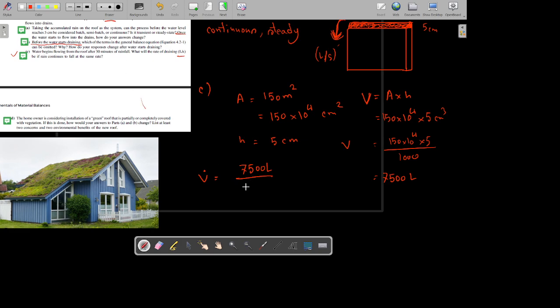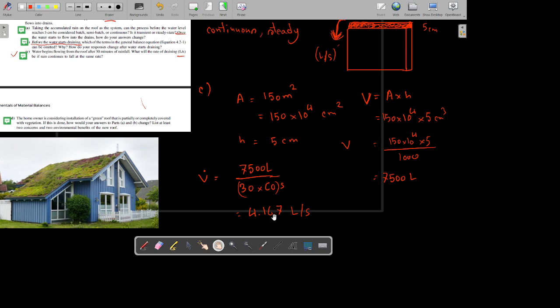30 minutes. So 30 minutes, if I want to convert it to seconds, so 30 multiplied by 60, that will be our seconds that is required. So the answer comes out to be 4.167 liter per second.